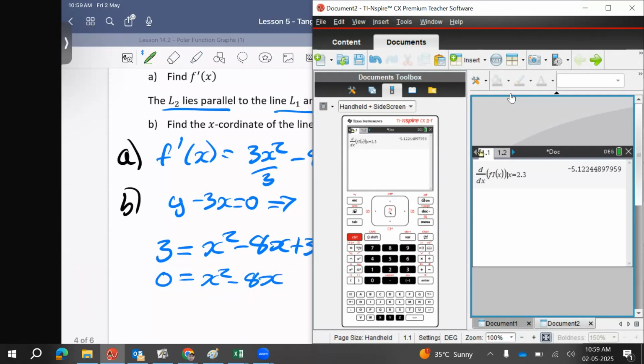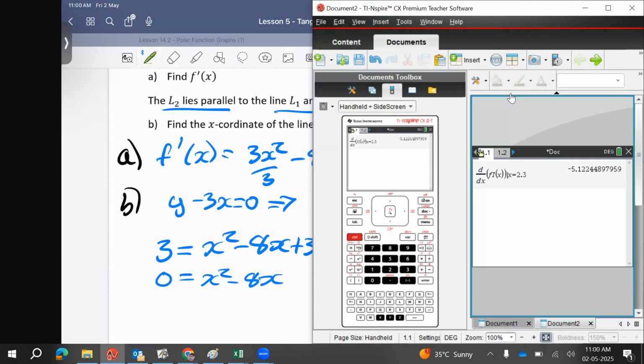We are going to put it into a function as ax squared plus bx plus c equals 0. What is the value of a in this equation? A is equal to 1. What is the value of b? B is going to be negative 8. What is the value of c? C is going to be 0.